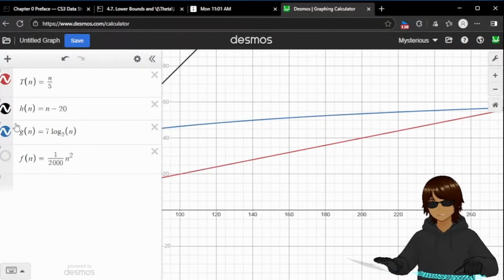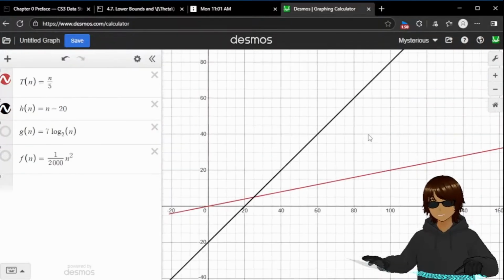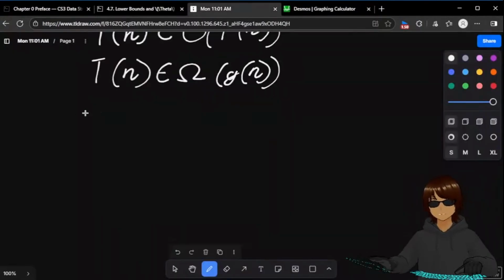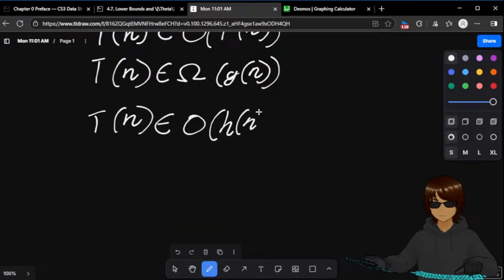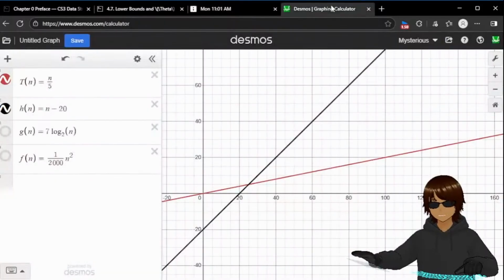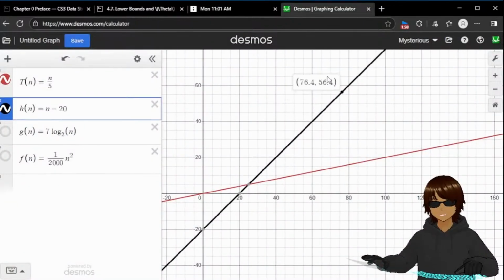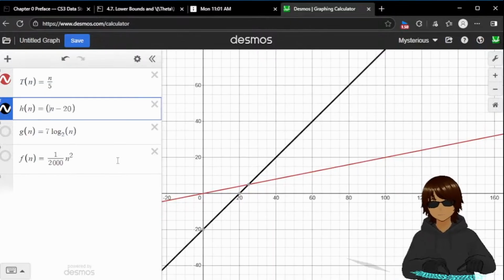Here's the thing. h(n), this black line over here, is also O, because h(n) surpasses T(n) after some point.